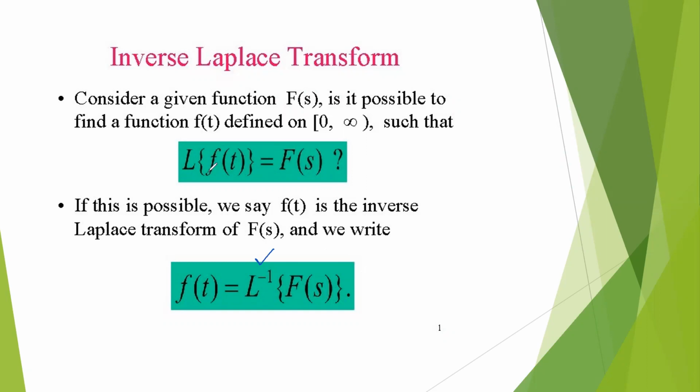If you observe, the Laplace transformation of a function in terms of t gives a result in terms of s. Here the given function will be in terms of s and the resultant function will be in terms of t. So the inverse Laplace transformation is denoted as L inverse of f bar of s is nothing but f of t.